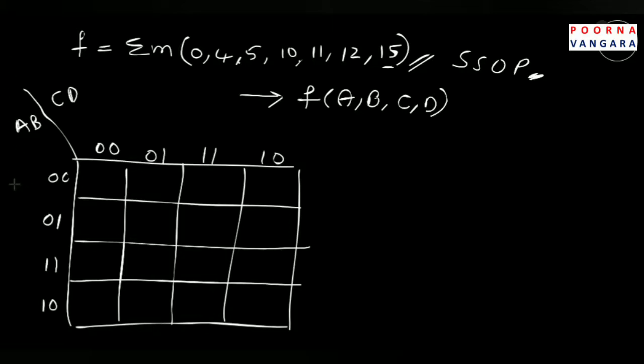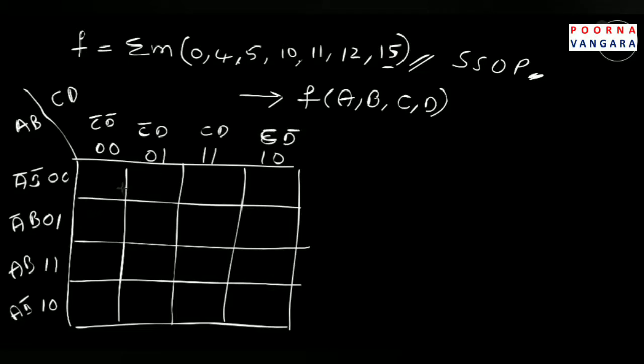So, this 0 0 is nothing but a bar b bar, because we are in the standard SOP form. 0 is complement, 1 is normal form in standard SOP. In POS it is reverse. So a b bar, and on this side c bar d bar, c bar d, c d, and c d bar, right.